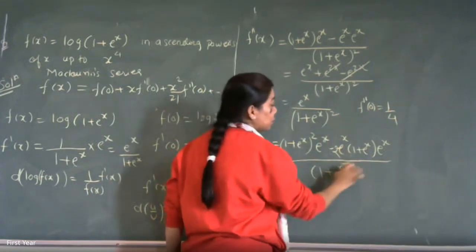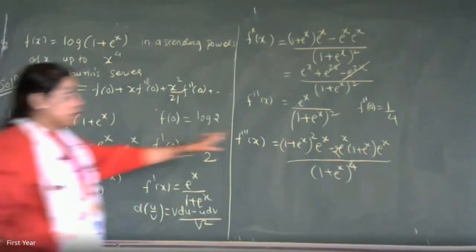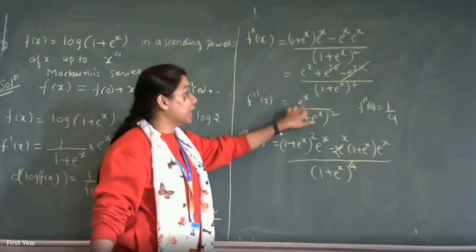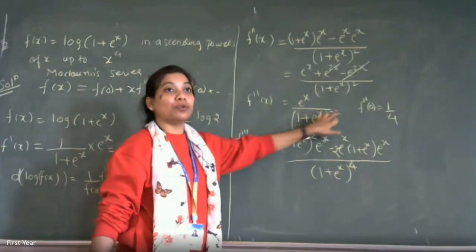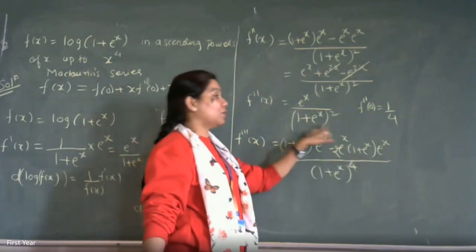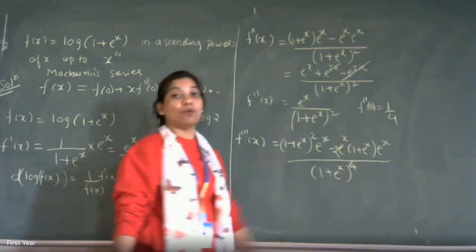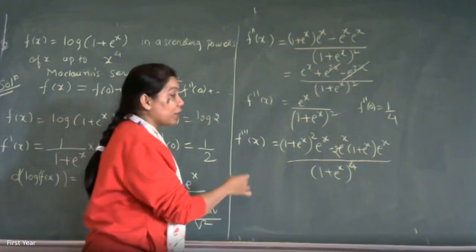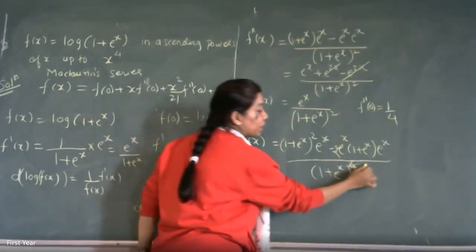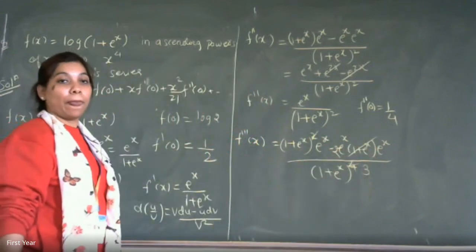Squares are squares, so it is power 4. If you want, you can cancel out one term. What is that one term? 1 plus e raised to x can be cancelled because it is common. Is this clear?